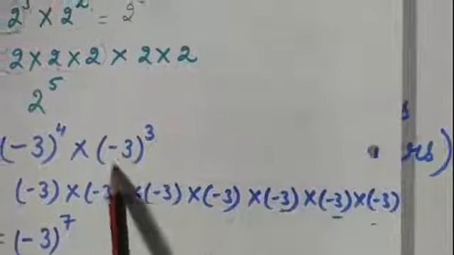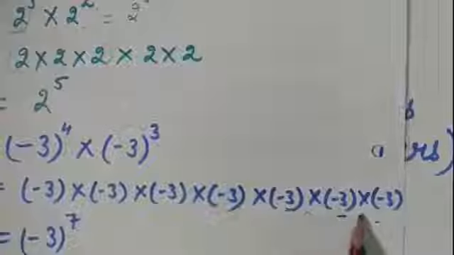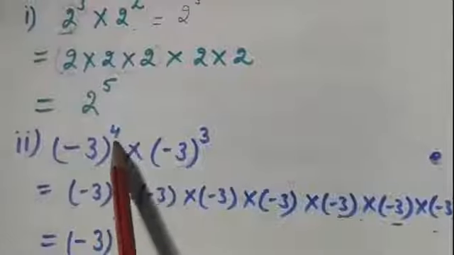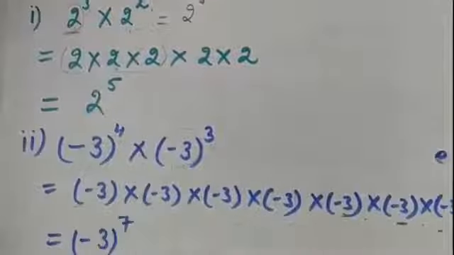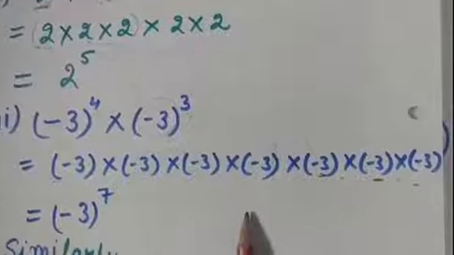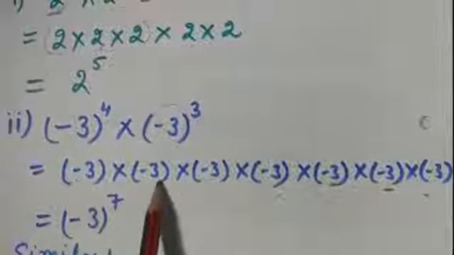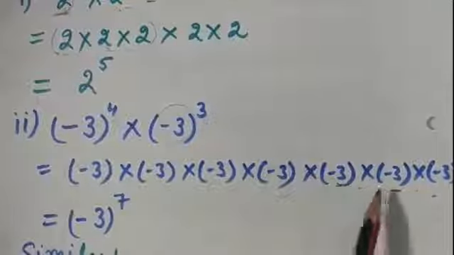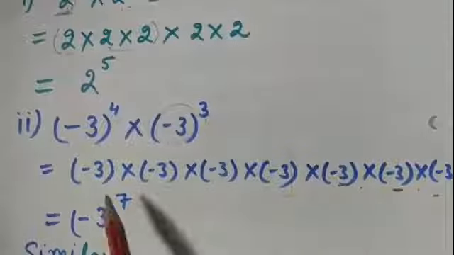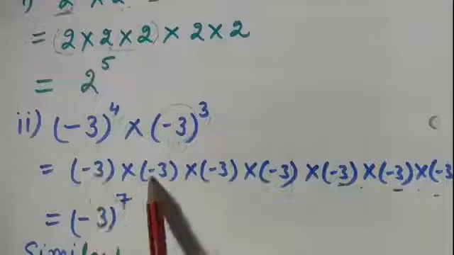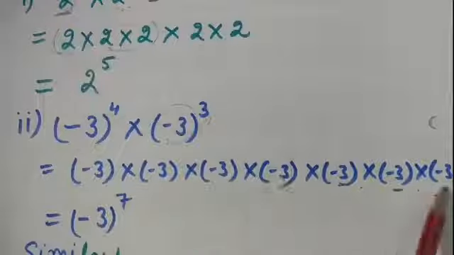Here minus 3 is multiplied 3 times and there minus 3 is multiplied 4 times. So overall, I observe that the same number, minus 3, is being multiplied. How many times? Let us count: 1, 2, 3, 4, 5, 6, 7.